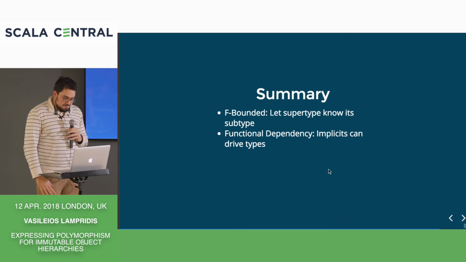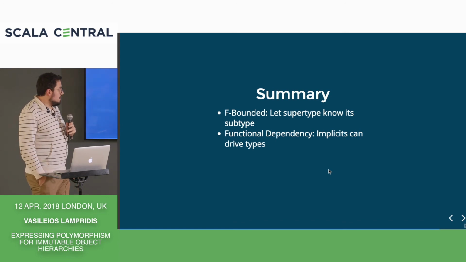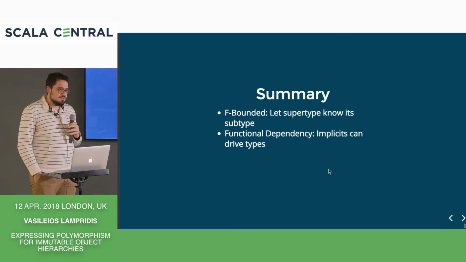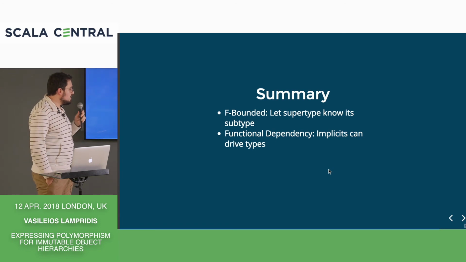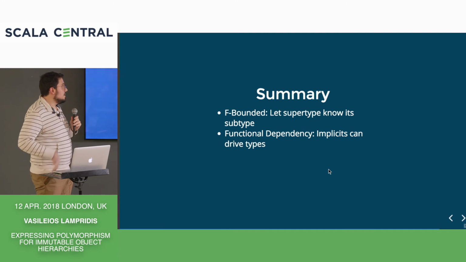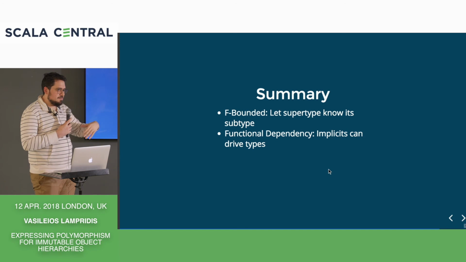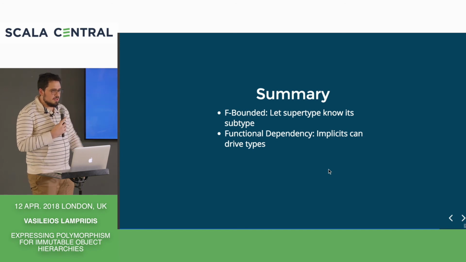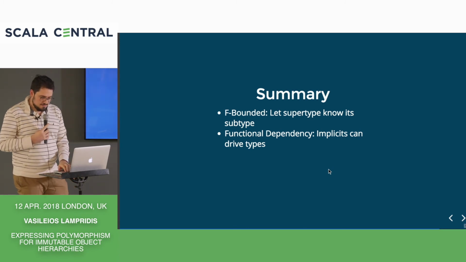Yeah, these are pretty much the two concepts. So if you find yourself needing to construct object hierarchies, f-bounded is your way to go. And if you need to express type relationships and have something as output based on other inputs, then you should be looking to use functional dependency.